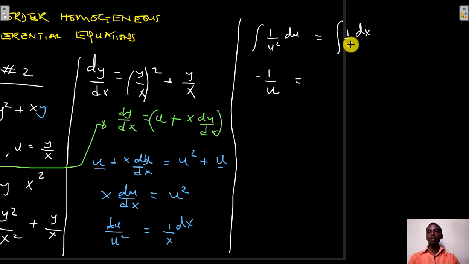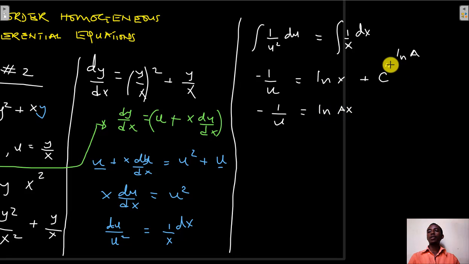The integral of 1 over x with respect to x is natural log of x plus some constant c, which I like to write as natural log of a. A is also another constant in this case, so I have negative 1 over u equals natural log of ax.